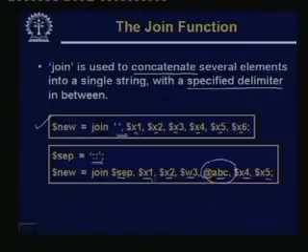So, when the new string is constructed, the elements of the array ABC will be expanded and the whole thing taken together, including the components of the array, will be concatenated and the double colon delimiter will be put between each pair of consecutive elements. Okay, fine.